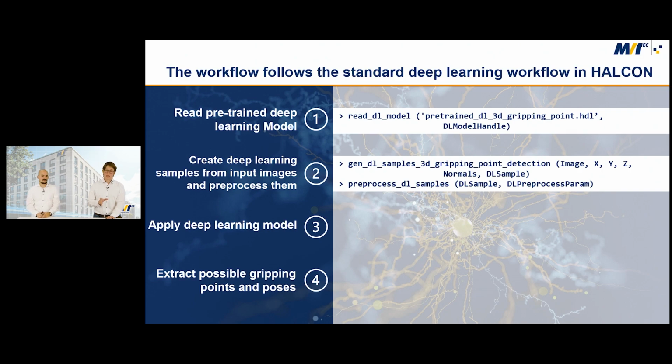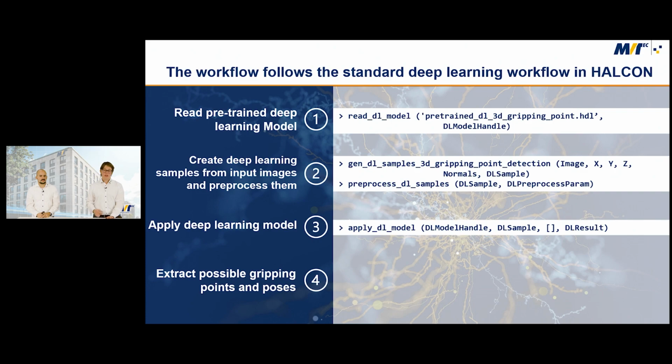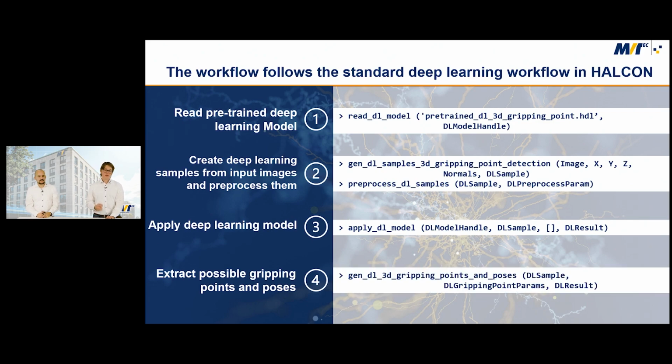Here, it's a different name for the procedure because this procedure works on 3D data, so you have to provide 3 channels. Apply DL model is simply the same. You apply your model, and then with the results, you extract the 3D gripping points. So this is quite similar to the standard deep learning workflow.